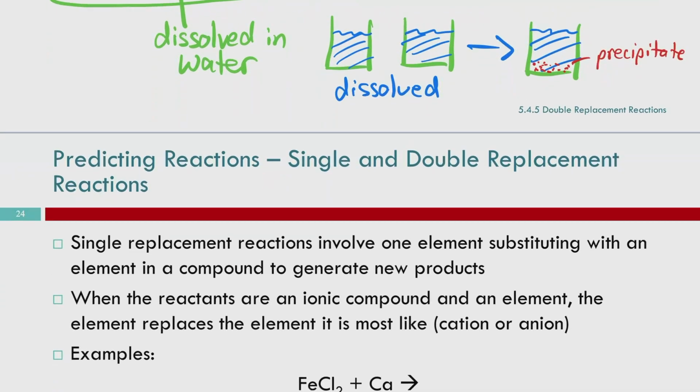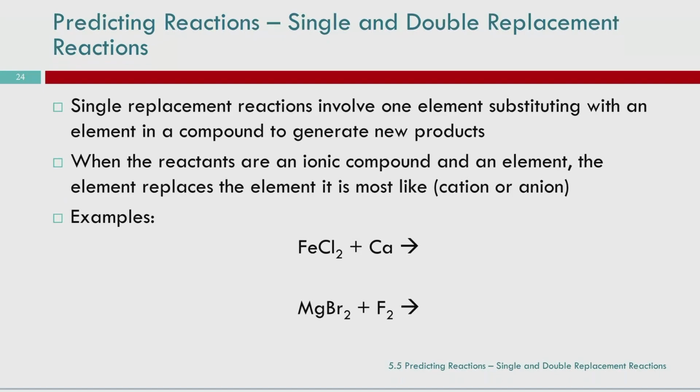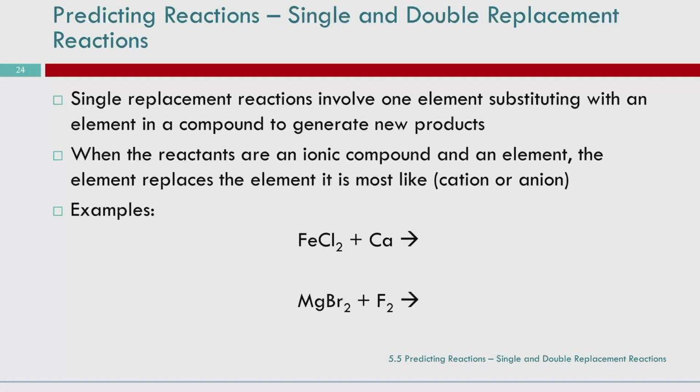We can predict the products of single and double replacement reactions. So in a single replacement reaction, we're replacing one element. One element is getting substituted into another to form a new compound. If our reactants are ionic compounds, which they usually will be for this class, then we have to choose which of those two elements is most like our lone element.